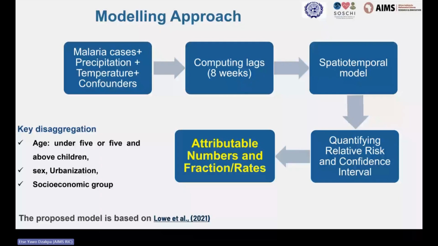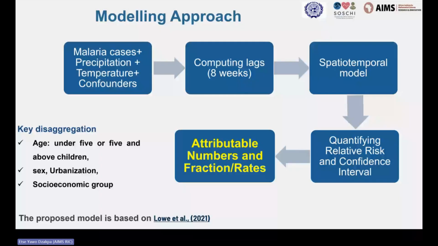The first one is the spatial modeling, the Bayesian spatial model, and that one helps us take into consideration all the spatial heterogeneity, the seasonality, and so on. And then we have the distributed lag nonlinear model that helps us take into consideration the delay effect. Based on those combined models, we come up with quantifying the relative risk.